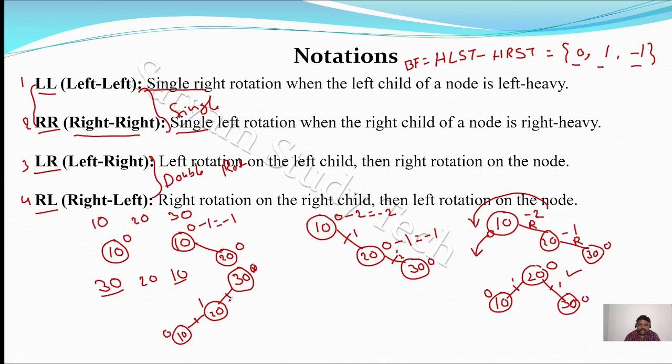The left subtree height is 2 and the right subtree height is 0, because there are no nodes on the right side. So 2 minus 0 is 2.